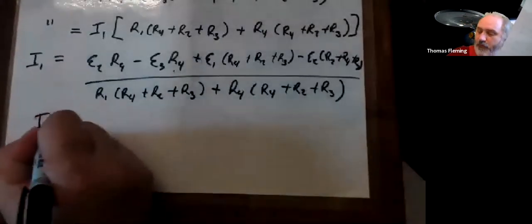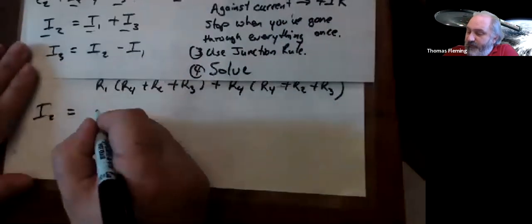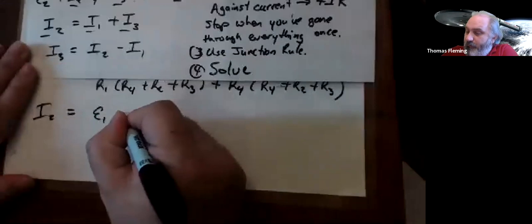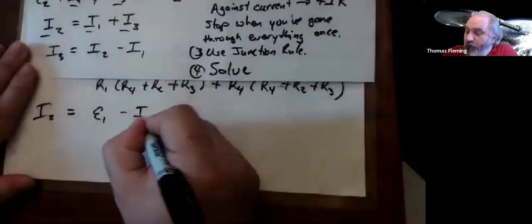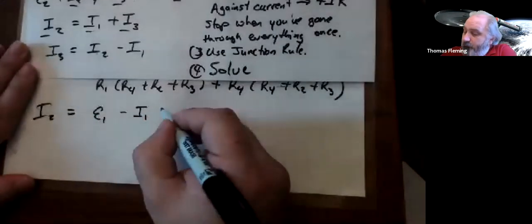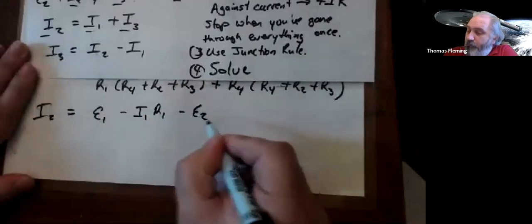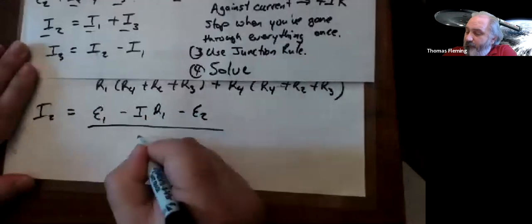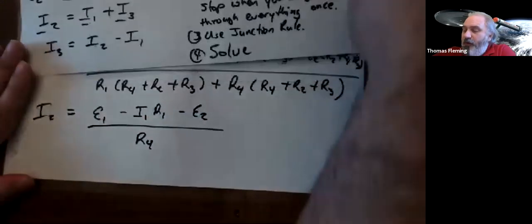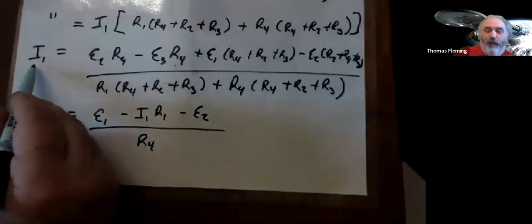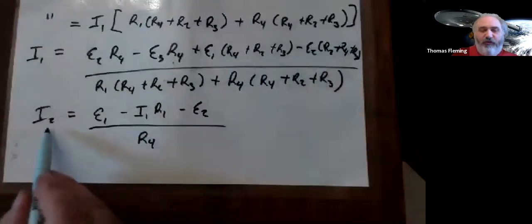So I2 is going to end up equaling EMF1 minus I1, which we now know, times R1 minus EMF2, divided by R4. So it was a nightmare to get I1, but once we get it, getting I2 is pretty easy.